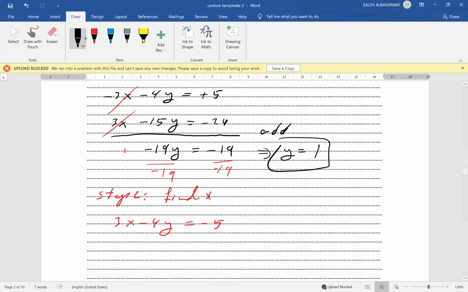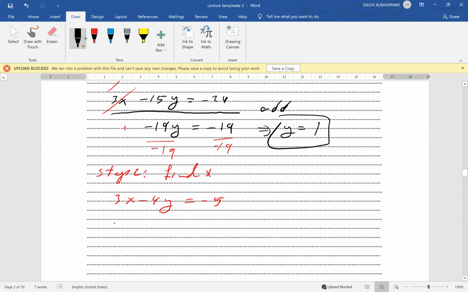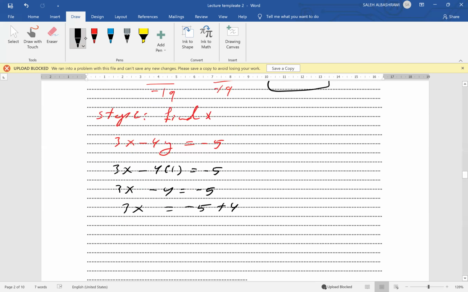So replace y by 1. I will have 3x plus 4 equal to minus 5, or 3x equal to minus 5 minus 4, that will equal minus 9, divided by 3. I will have x equal to minus 3.